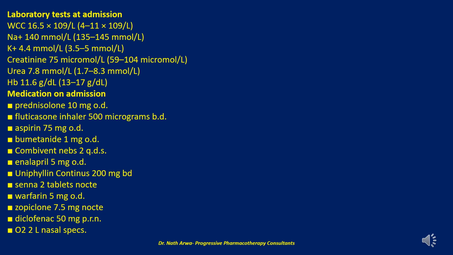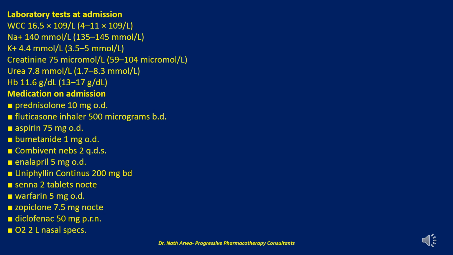Sodium levels of 140 millimoles per liter. The normal range is 135 to 145 millimoles per liter. Potassium levels of 4.4 millimoles per liter. The normal range is 3.5 to 5 millimoles per liter. Creatinine of 75 micromoles per liter.